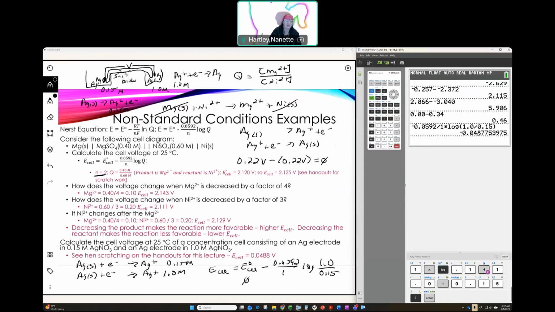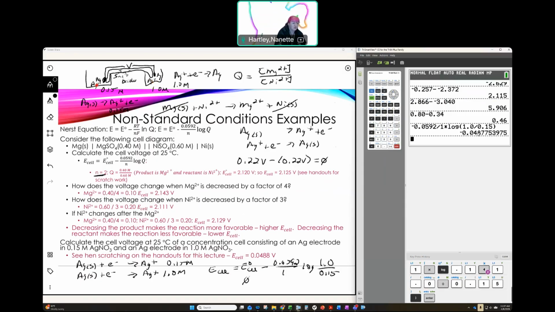What it wants to do is go the other direction. And if we think about this for a second, that should make sense to us. The tendency with a difference in concentration is to want those concentrations to be equal. So if my higher concentration is here and my lower concentration is here, I want the concentration of the ion here to go down, and I want this concentration to go up.